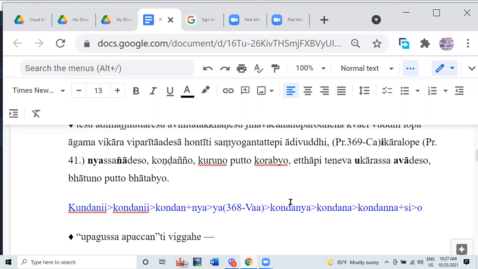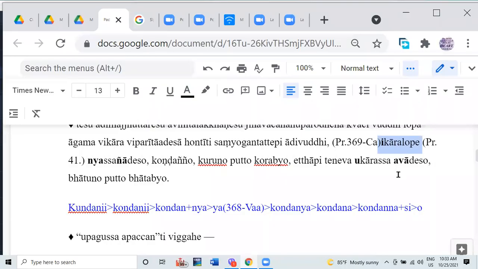But how about the Padarūpasiddhi, the text in Myanmar? Is it short E or long?